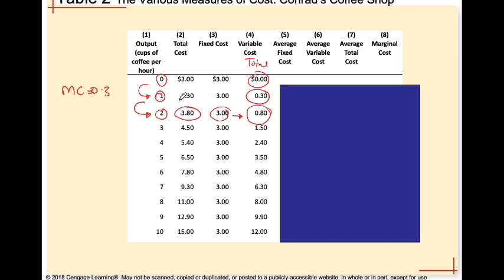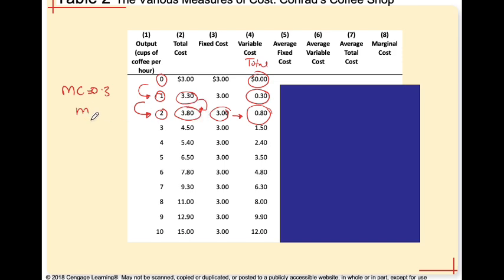When you were producing the first cup, it was costing you 3.30. If you decide to produce the next cup, your total cost is going to be 3.80. So on the margins, deciding to increase your output from 1 to 2 will result in the total cost increasing from 3.30 to 3.80.